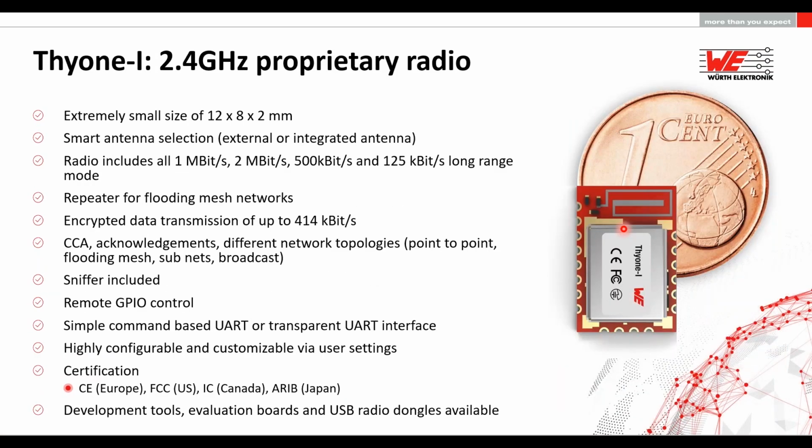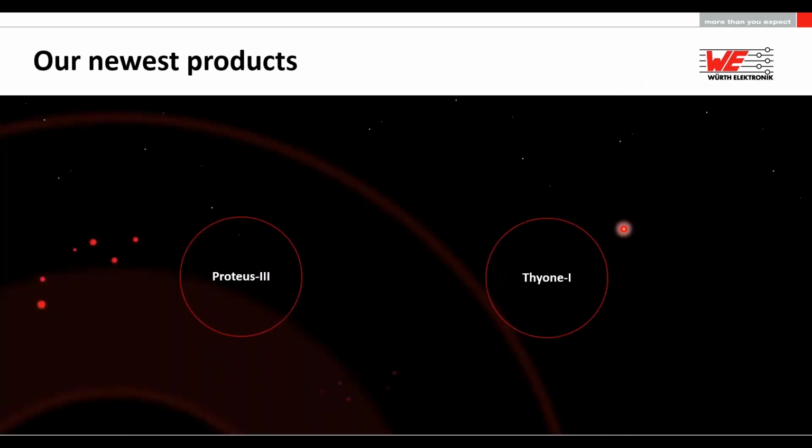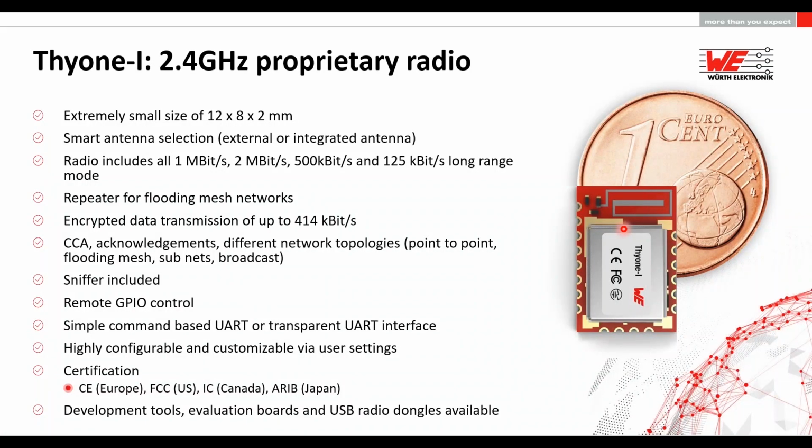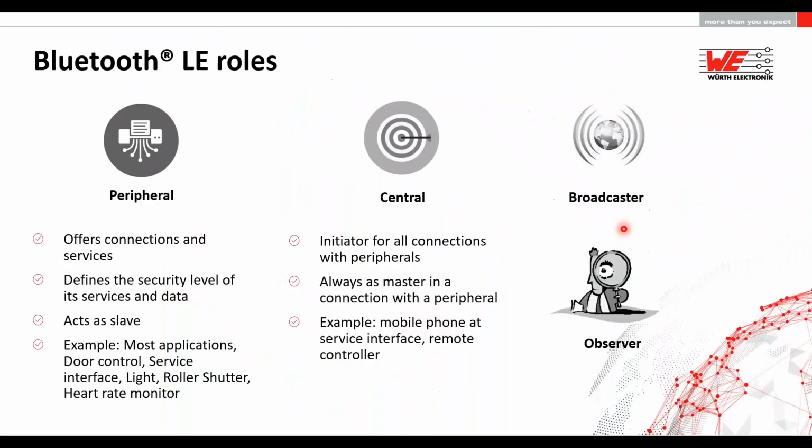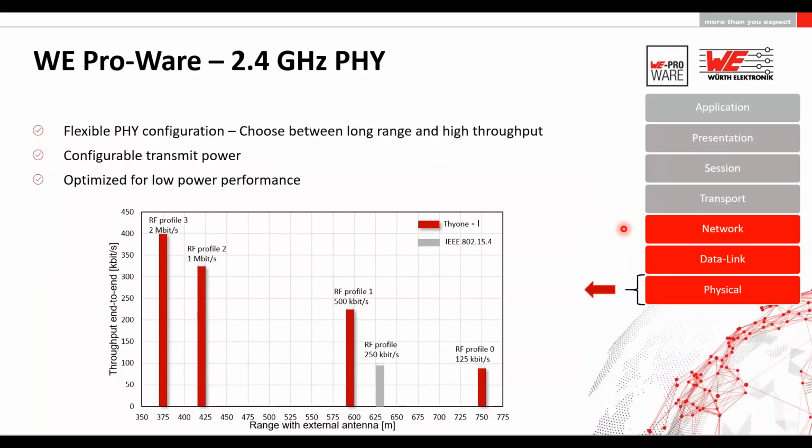Yep. The next question is, what is the range of this module? I don't know what module is meant. Do you know the range for both modules? Yes, for sure. Let me go back to the graph here. The range, as I explained earlier, is always a compromise between throughput and range.